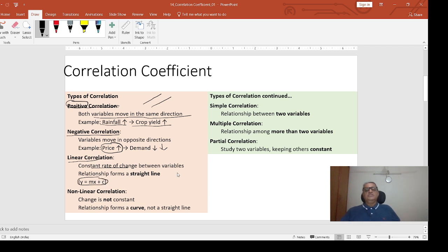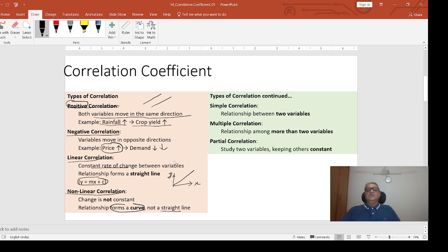Linear correlation depicts a line, with the x variable and the y variable, and all linear equations can be easily depicted as a line. In non-linear correlation, the change is not constant, so it forms a curve and not a straight line.